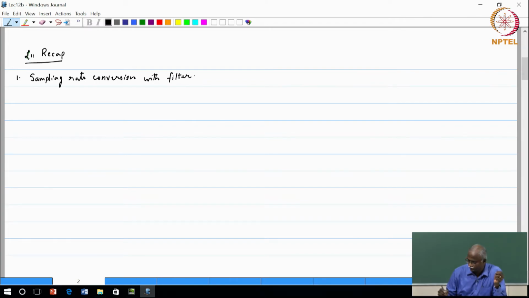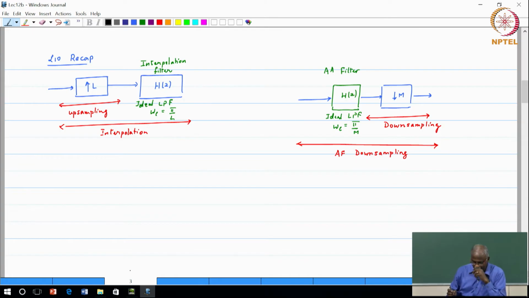with the presence of the filtering, and that again is a slide from the last lecture where we said that upsampling gives you multiple copies of the images which you remove through an ideal low pass filter. So, the combination of upsampling followed by filtering gives us a useful signal which is at a higher sampling rate.